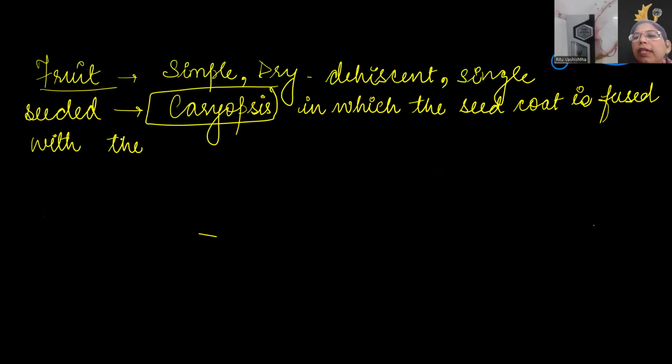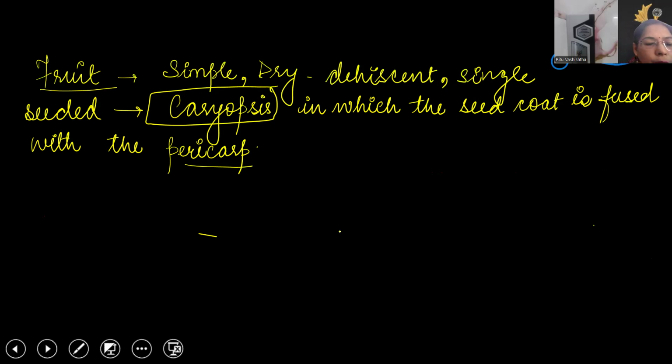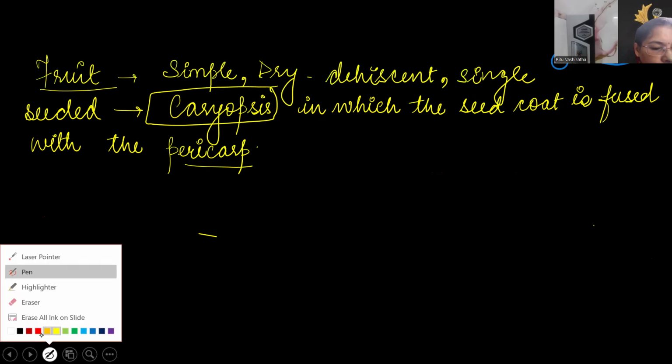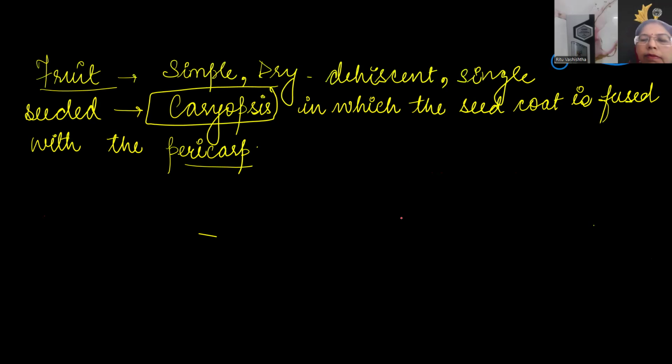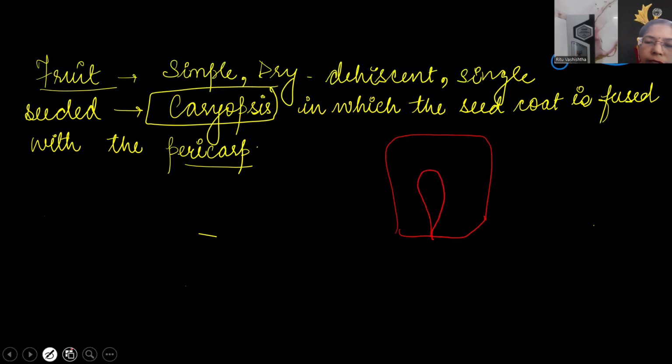So here you will find that the seed coat is fused with the pericarp, and the fruit for this family is known as the caryopsis. How does it appear? Let's see. It is like this. This is the seed, and this is the structure in which you will find the seed coat is fused with the pericarp.